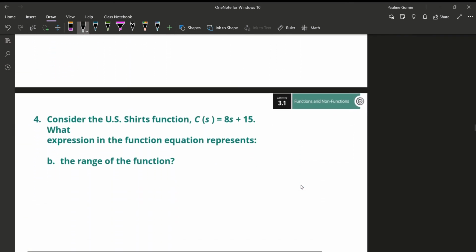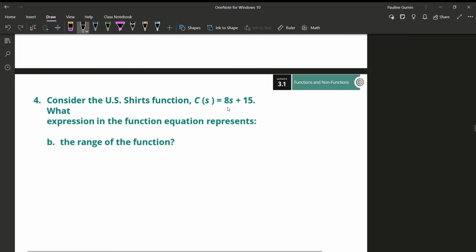Next, let's take a look at the range. Well, if this side of the equation gives us the domain, this is our range. So C of S is our range. Really, that is the total cost.